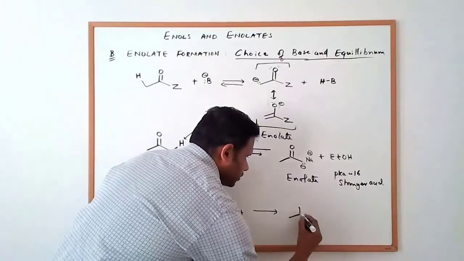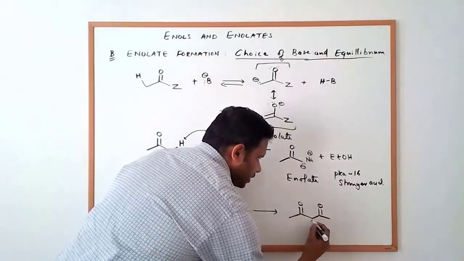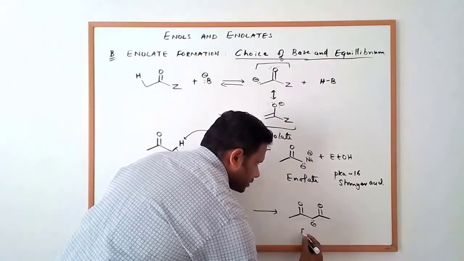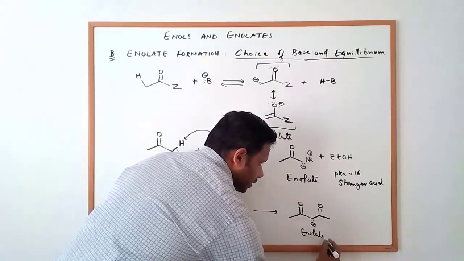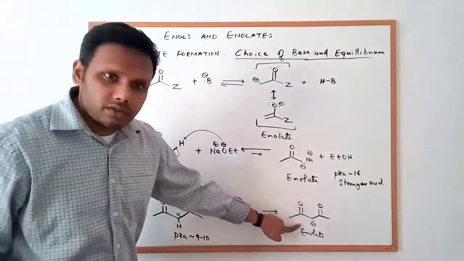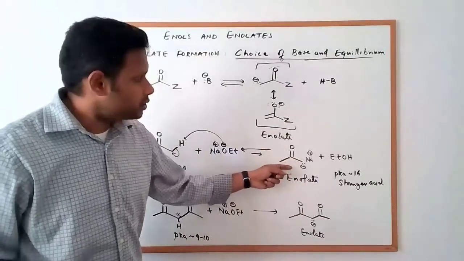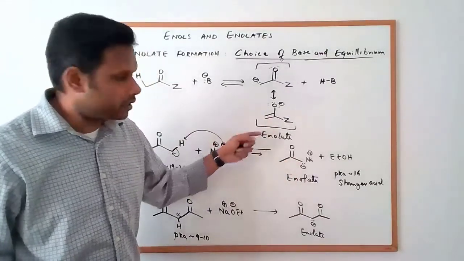Our product is going to be the enolate of this, which will have the negative charge here. So that's our enolate. Now, recognize that this structure doesn't look like the enolate; it's only a resonance form of it, which looks more like the enolate.